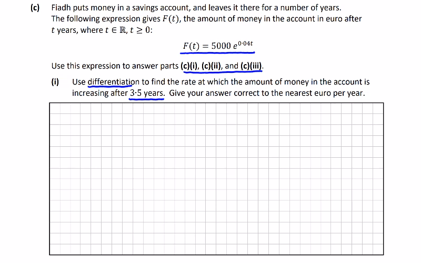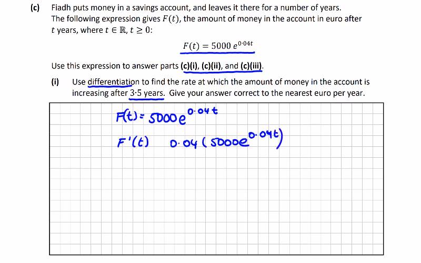So differentiating 5,000 e to the power of 0.04t, we're going to get f prime t to be 0.04 times 5,000 e to the power of 0.04t.